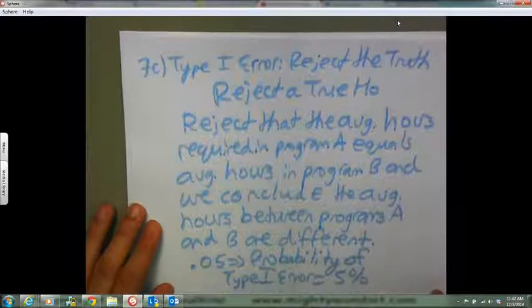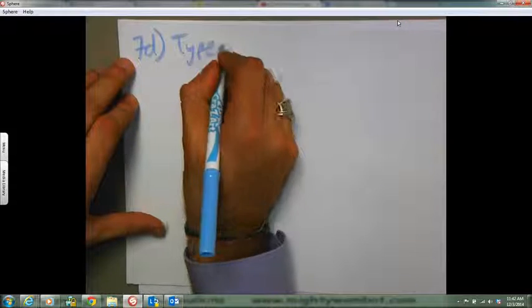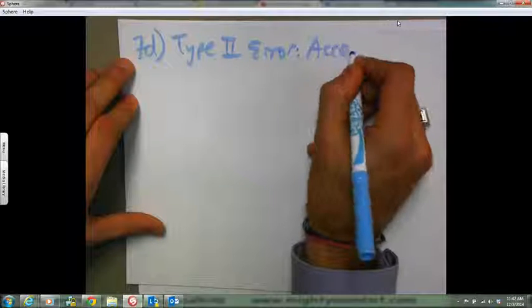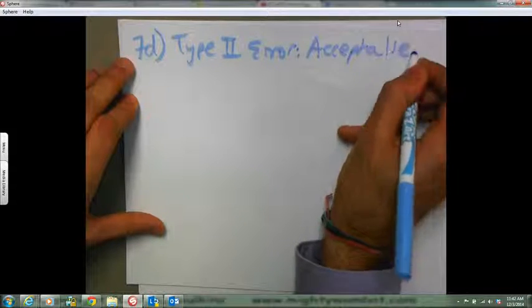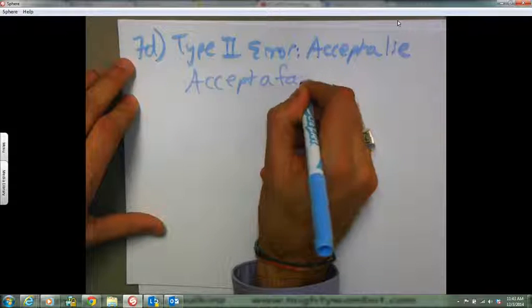All right, and finishing up, 7D, type 2 error, which is when you accept a lie. In statistical terms, you accept a faulty null hypothesis.